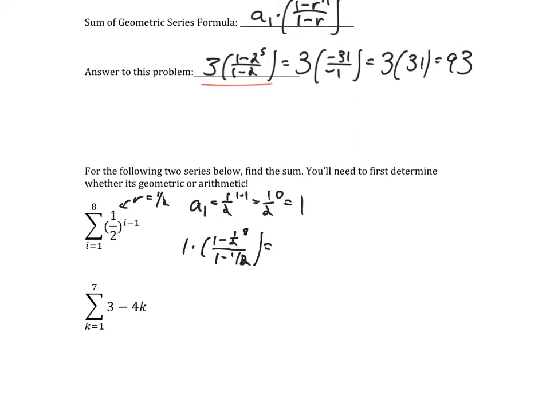Again, highly encourage you to do it in the calculator with me. You should get an answer of 255 over 256. You can leave that as a decimal if you'd like. I don't know if that comes out to a decimal, but it does come out to 255 over 256. So make sure that you get the same answer I did there.